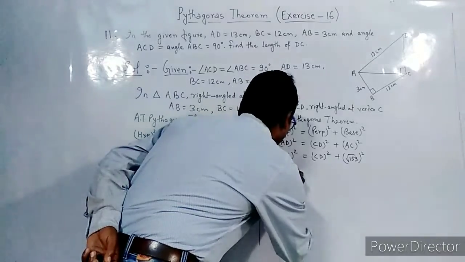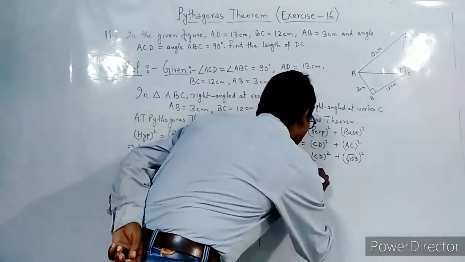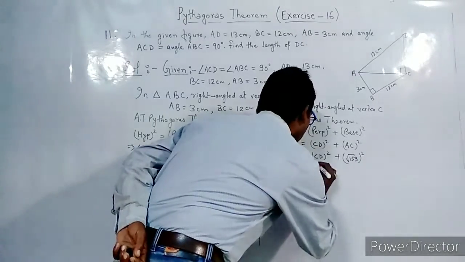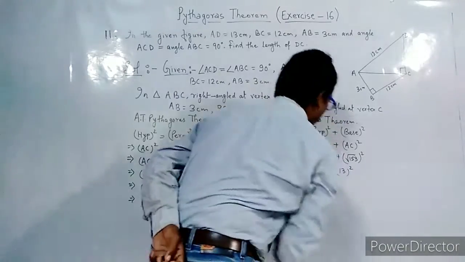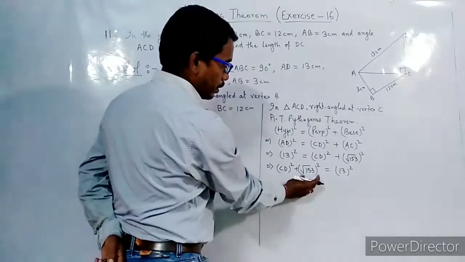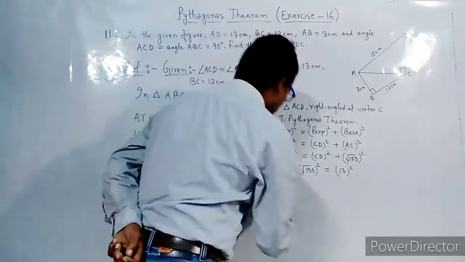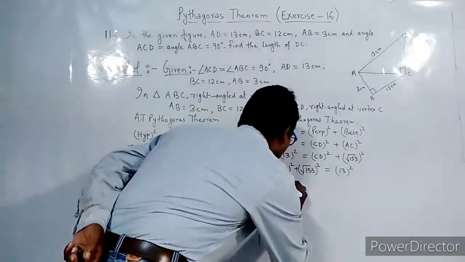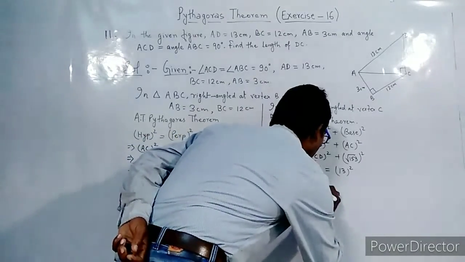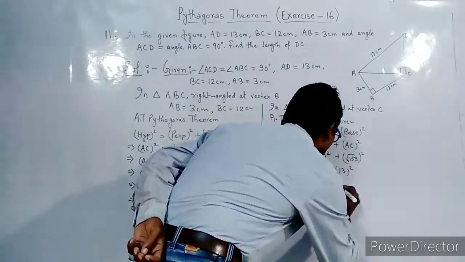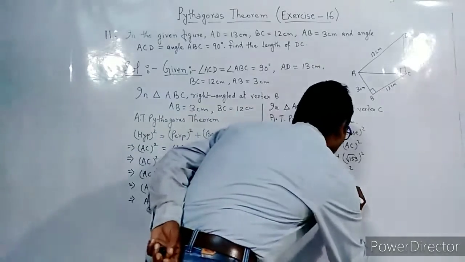So CD square plus root 153 square equal to 13 square. Now we bring root 153 square to right side, so it becomes minus. So CD square equal to 13 square minus root 153 square.